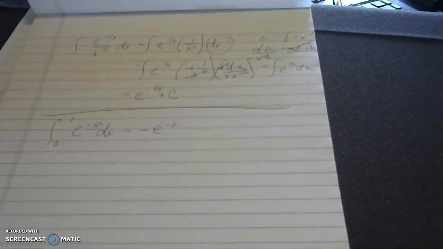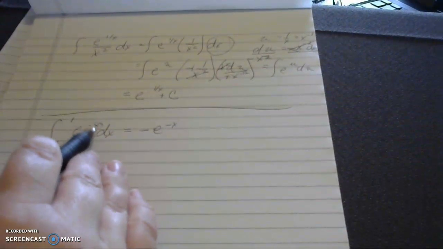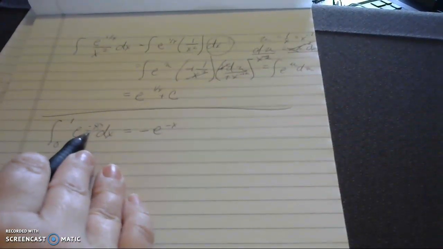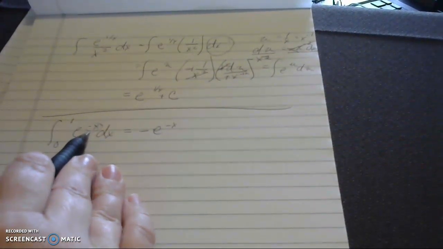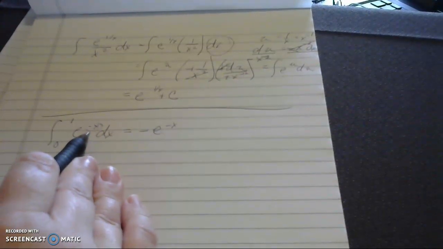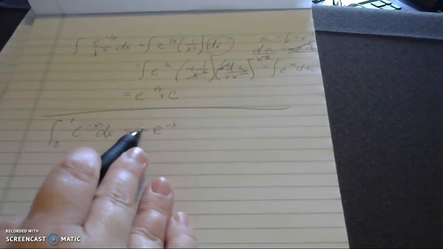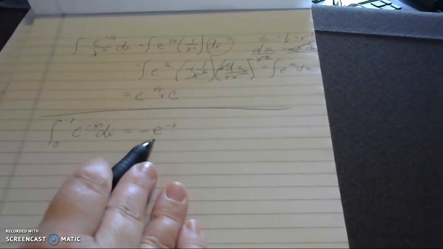I'm going to do this the shortcut way because I've worked this enough in my head that I know that if I take u equal to minus x, the derivative is going to be du equals negative dx.